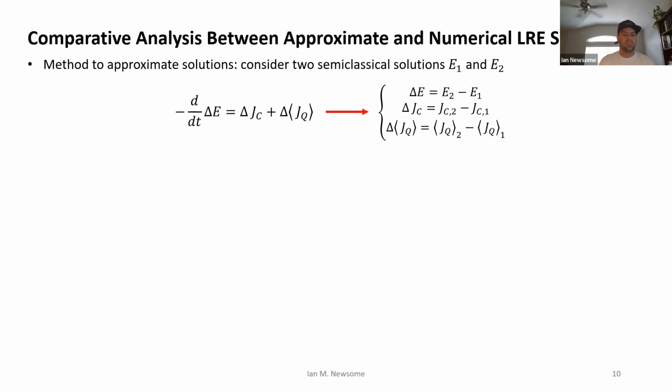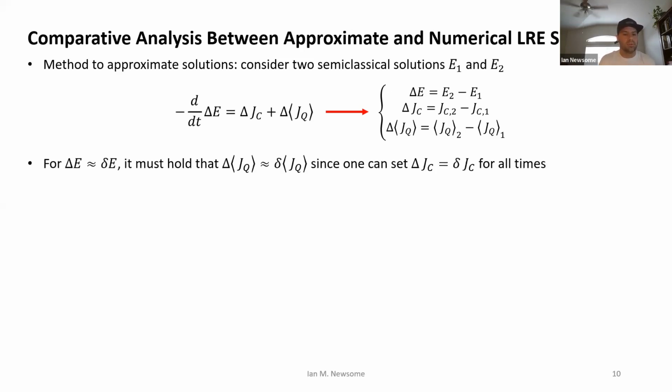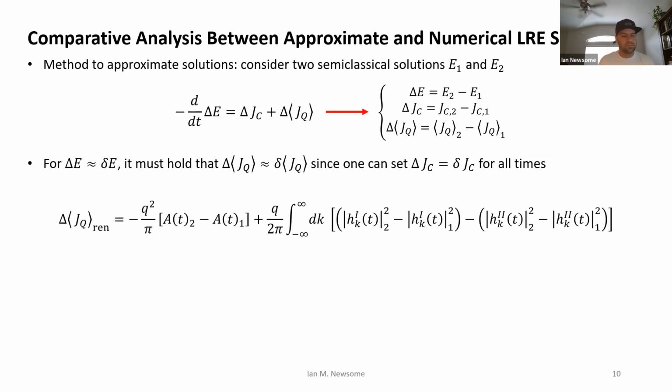Now, for the finite difference to accurately approximate the perturbations in the electric field, it must hold that the finite difference in the expectation value of the spin 1/2 current accurately approximates the corresponding perturbation in this term. Now, the finite difference of the average current terms can be expressed by the following. This is complicated, but here, just note that the subscripts 1 and 2 that I'm using represent quantities associated with the nearby semiclassical solutions, E1 and E2.